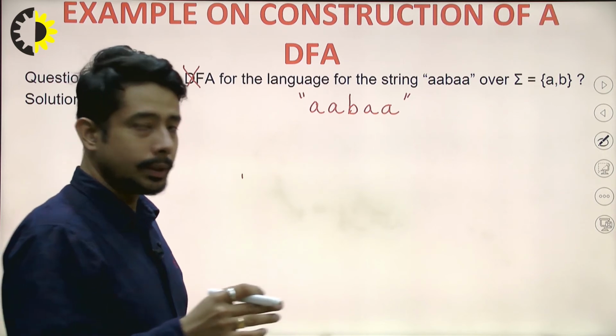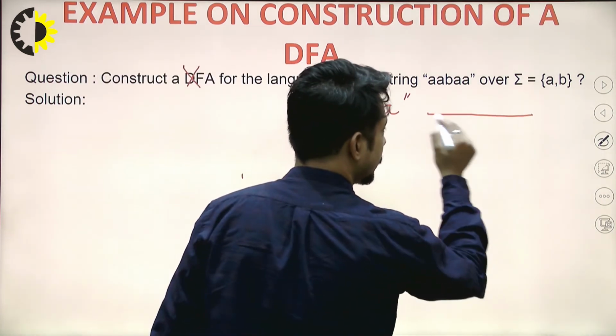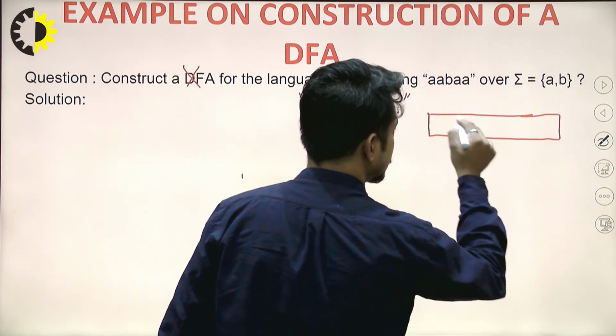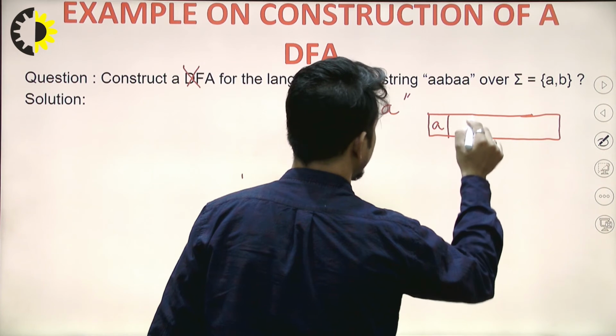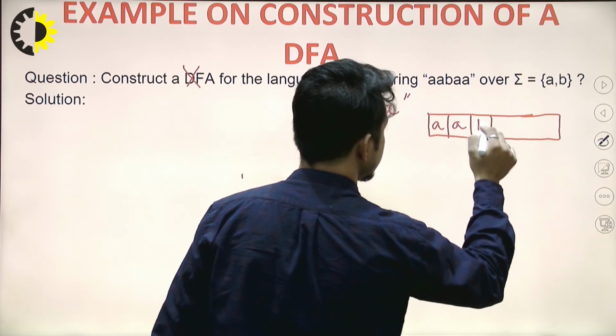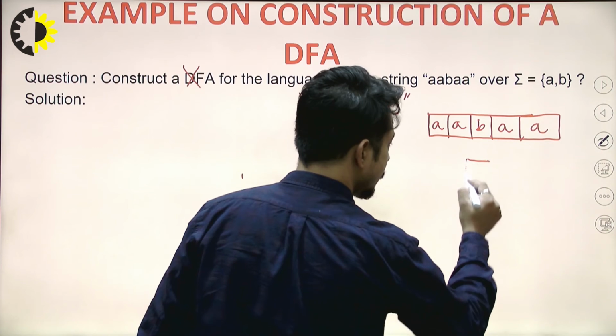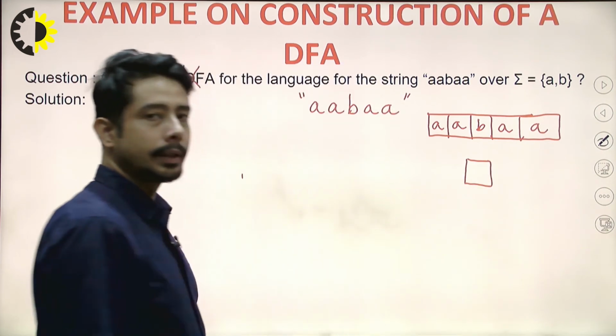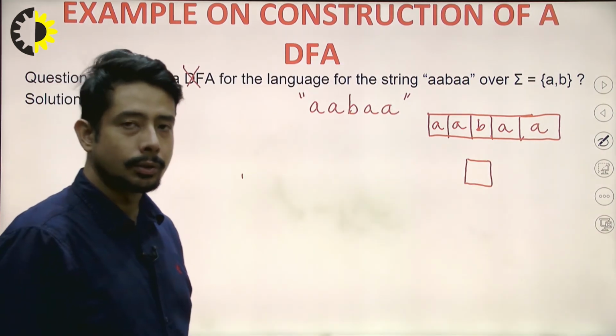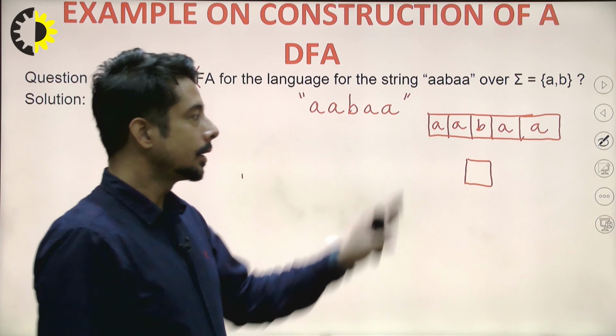What this finite automata does is that it will take an input tape. I will put the string over here, along with a tape reader, which will be controlled by the finite control, and it will check one by one.